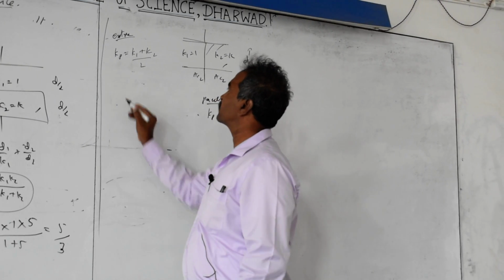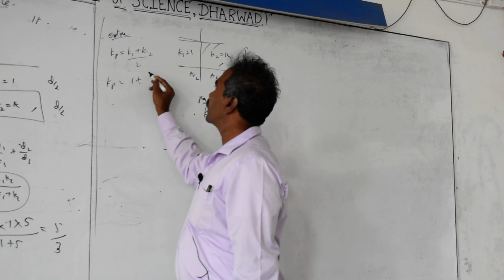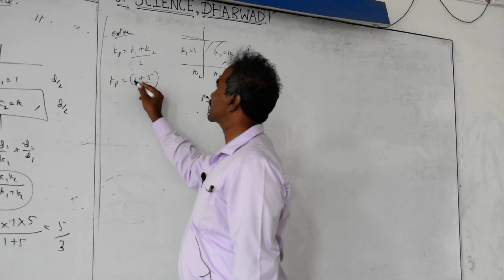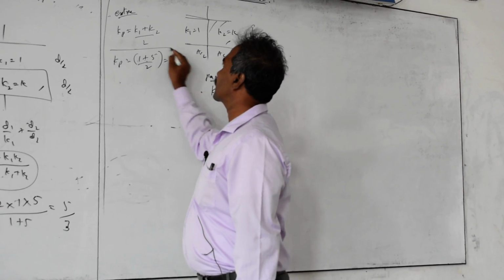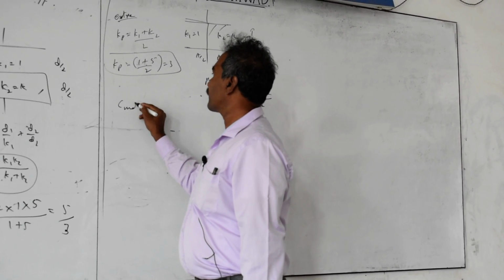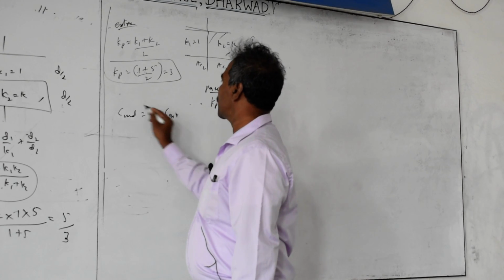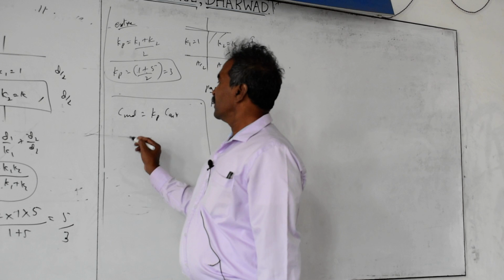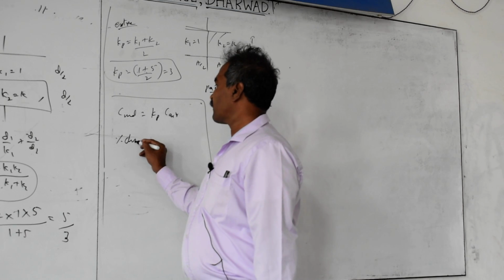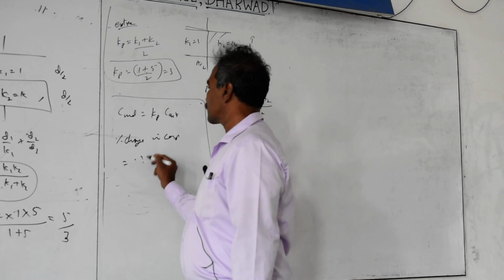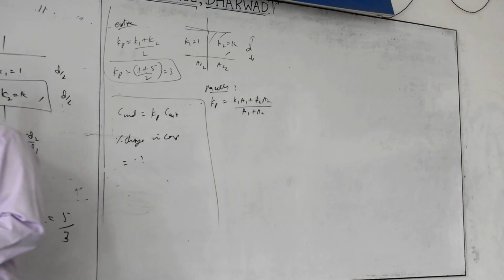K parallel is equal to (1 plus 5) by 2, that is 6 by 2, which is 3. So C medium is equal to K parallel into C air. What is the percentage change in capacitance? You just try to work that out.